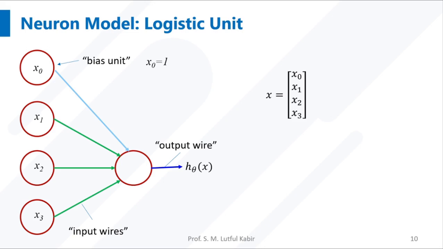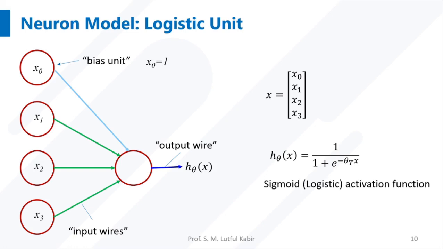Finally, one last bit of terminology. When we talk about a neural network, sometimes we will say that this is a neuron or artificial neuron with a sigmoid or logistic activation function. The activation function in neural network terminology is just another name for the sigmoid function, defined earlier as 1 over 1 plus e to the power minus z.